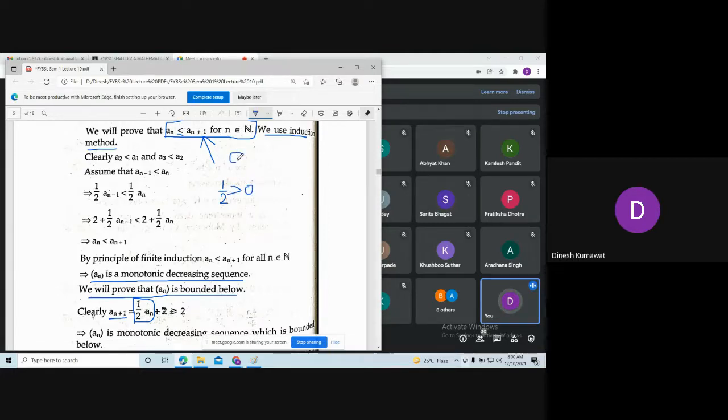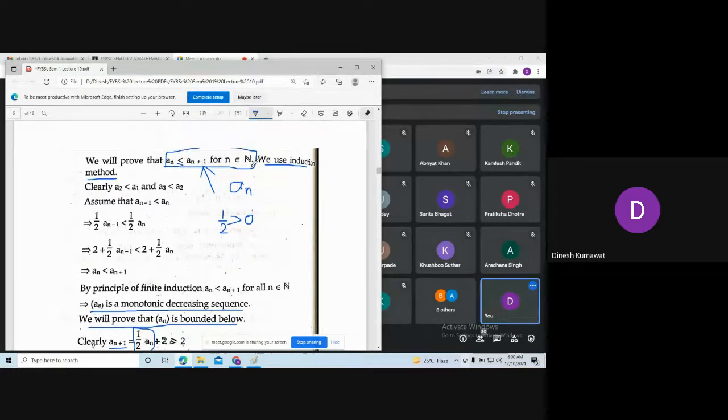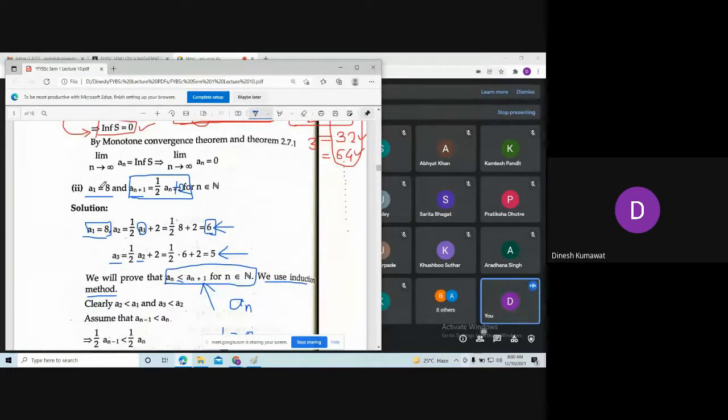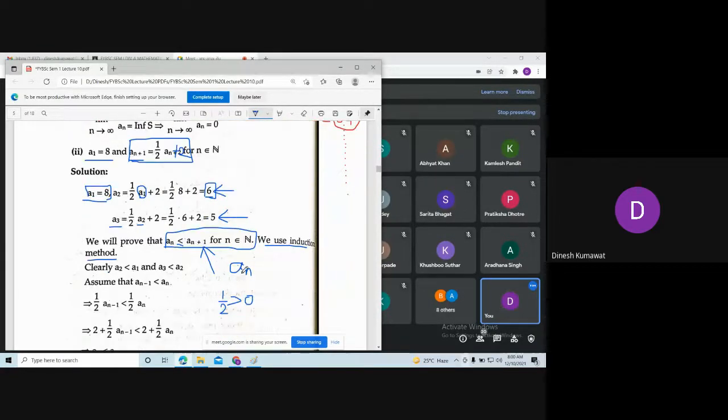What about a_n? In this example, what is a_n? You can see a1 is 8 and a_{n+1} is nothing but 1 upon 2 times a_n plus 2. So can I say this is always bigger than or equal to 0? Yes, can I say that?